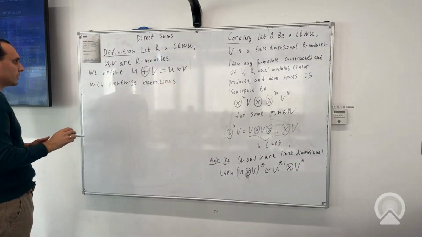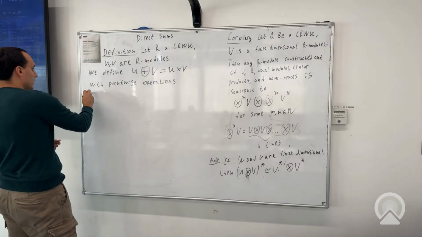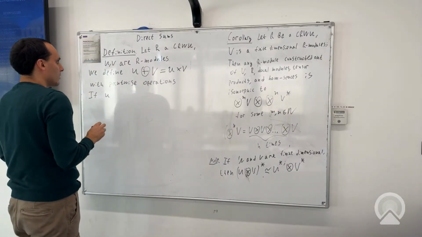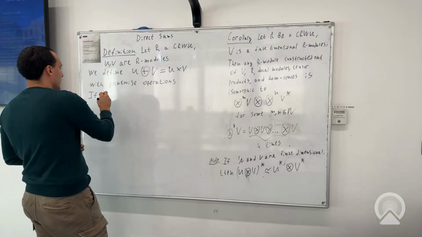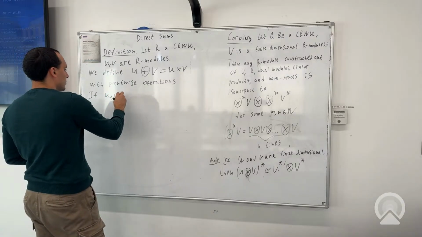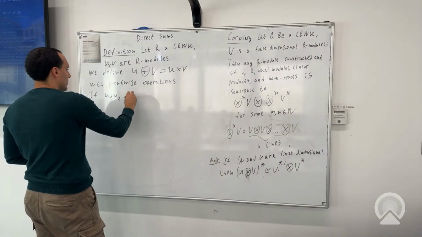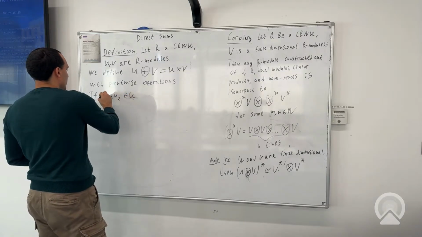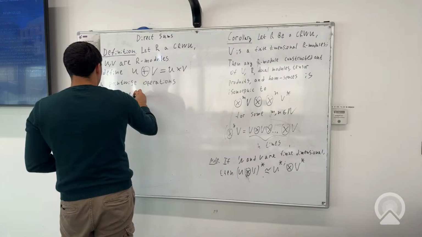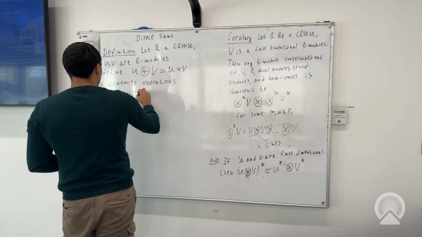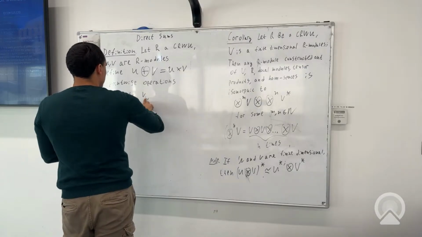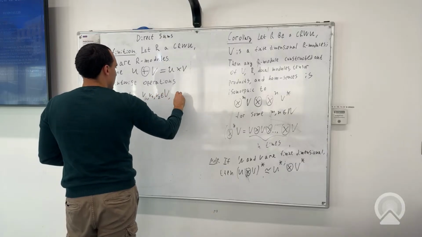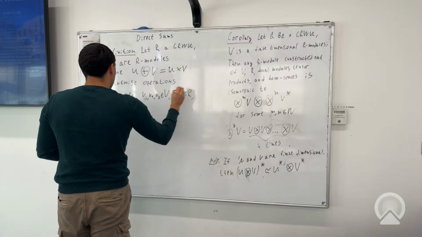So if we have U1, U2 in U, and V1, V2 in V, and lambda is in R, then we have the following.